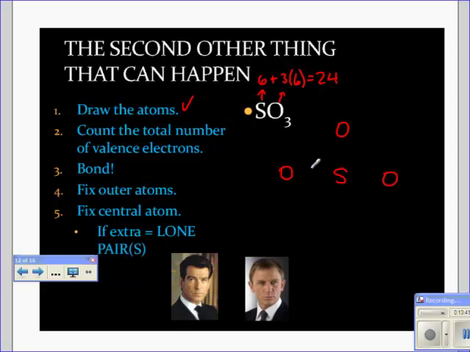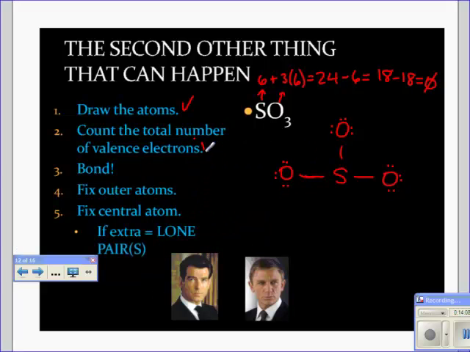Okay, so I'm going to bond, bond, bond. That's 2, 4, 6 of them. Leaves me with 18. 6 on the outside because it's not hydrogen. 6 more. 6 more. 18 takes me to 0, and I go, all right, I'm at 0.